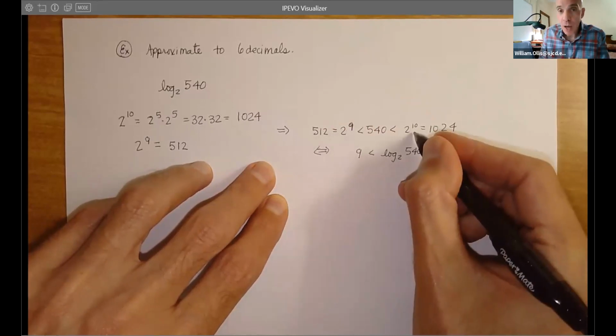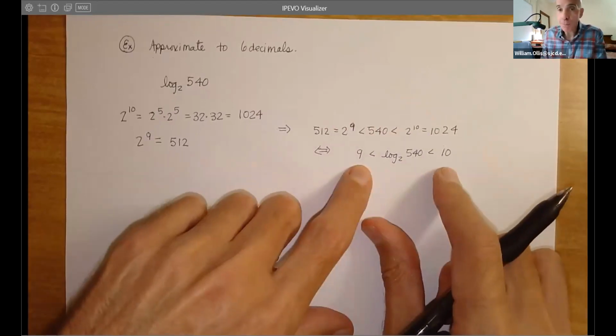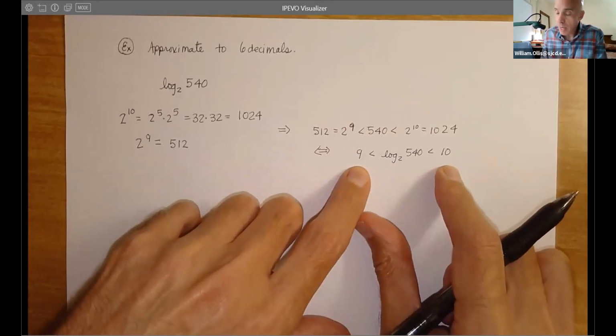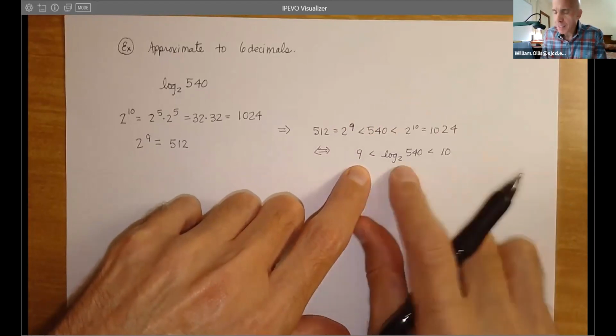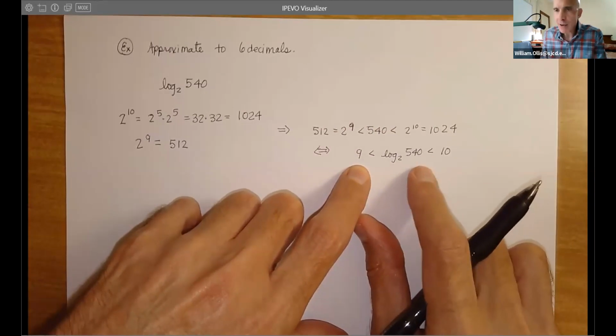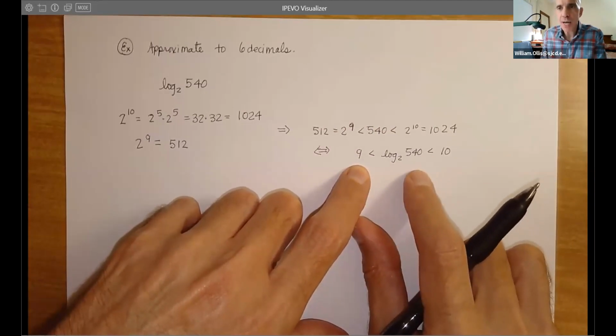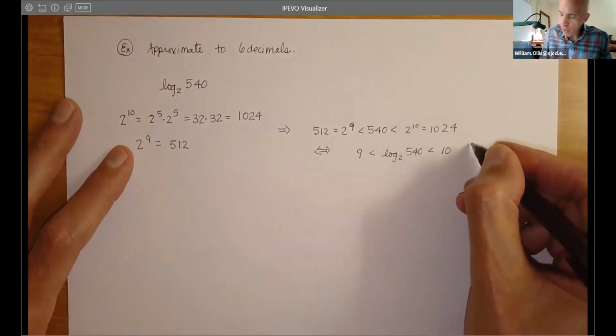And the base 2 logarithm of 2 to the 10th is 10. We expect our answer to be between these two numbers, and of course, closer to 9. But again, this kind of gives you a ballpark figure so that when you do an approximation, you have some way of negotiating whether or not it seems reasonable. So now this is our thought process.